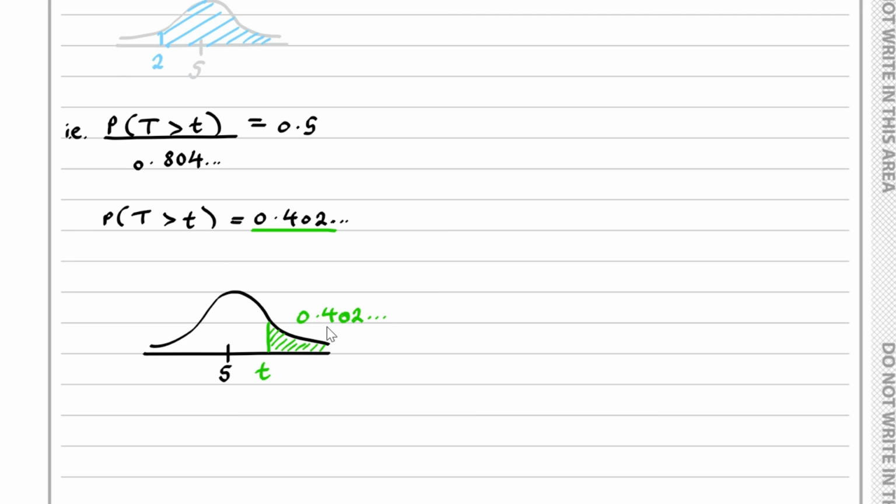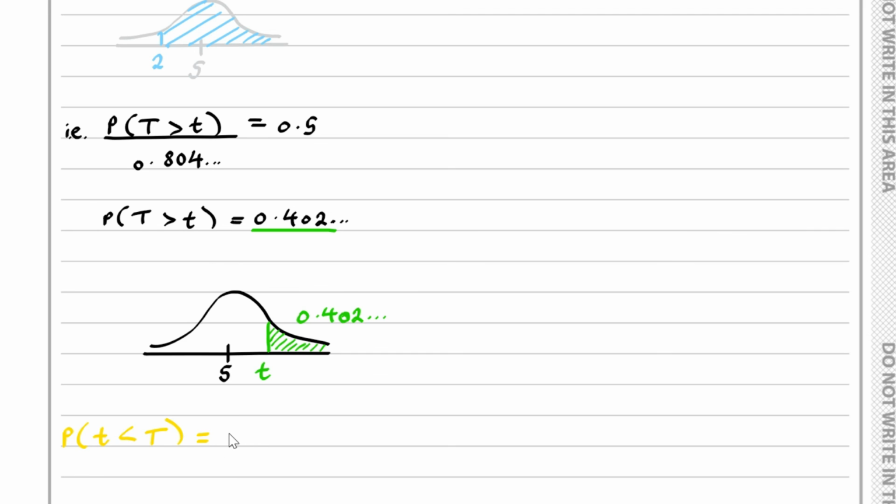Okay, so with this we can use the inverse normal. And for us to use the inverse normal, we'd have to find this over here, the probability that t is less than t.